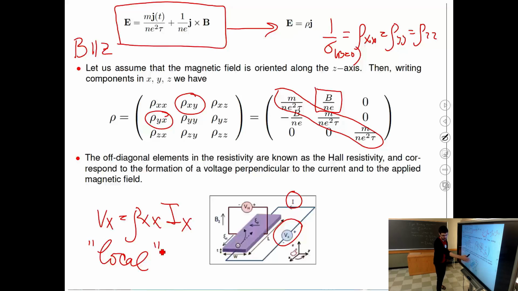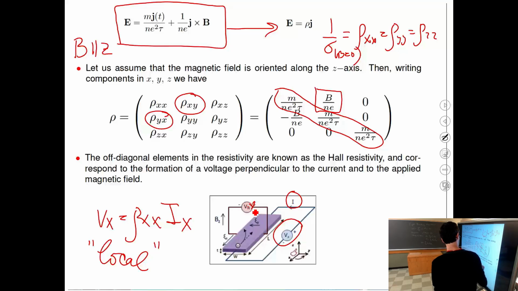So the electrical current that you're sending is flowing in the x direction. You also measure voltage in the x direction. That's called local. Now, it turns out I can also send the current in the x direction and measure voltage in the y direction. It's called VH here, but I'm going to call it Vy.